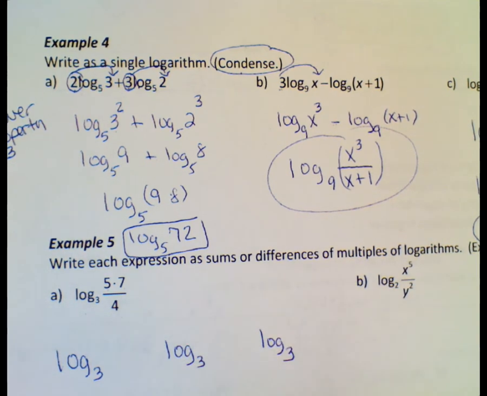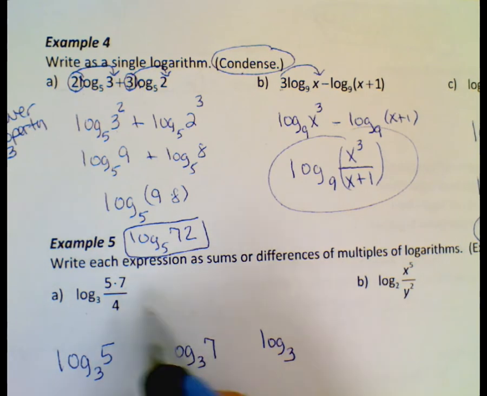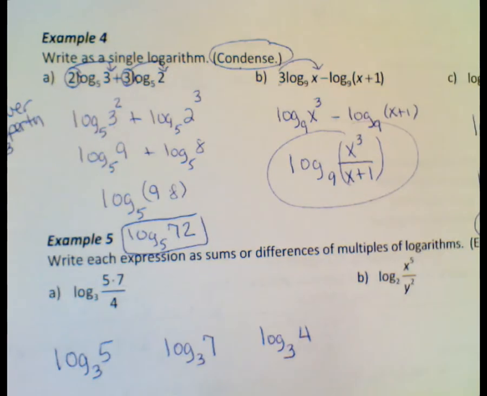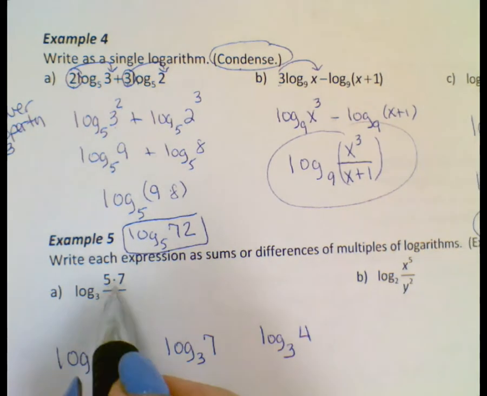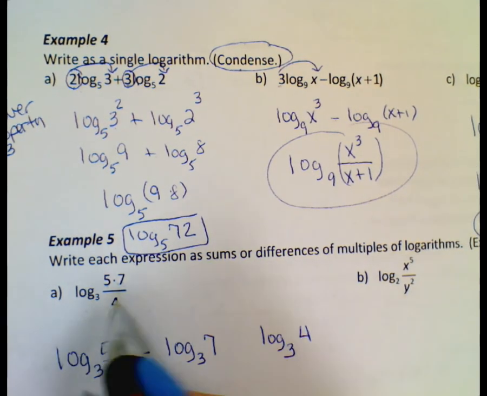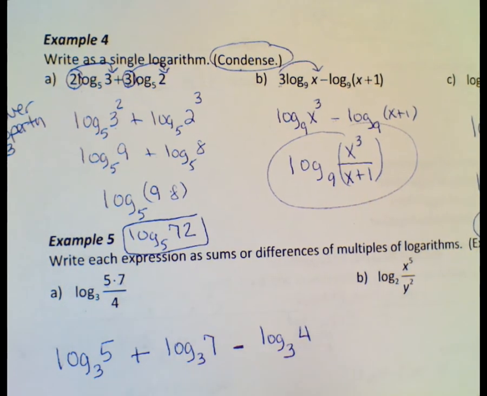We're going to start with the 5, the 7 goes here, and the 4 goes here. Each of the factors gets its own logarithm. Because you're multiplying these, you should have a plus sign between the 5 and 7. And because you're dividing by 4, you should have a subtraction sign in front of the last one. And that's your answer. That's called expanding your logs.